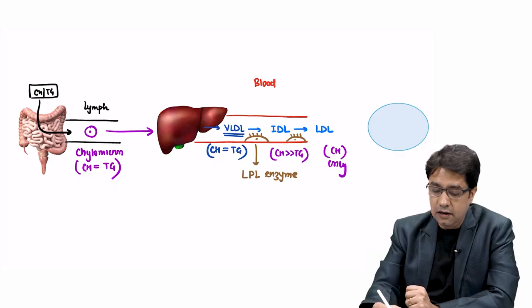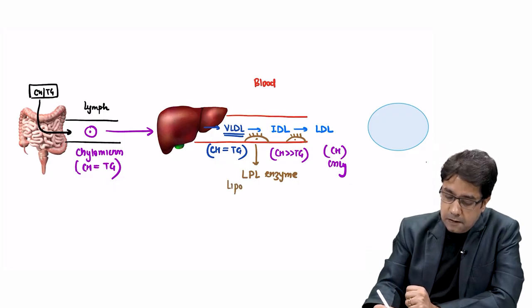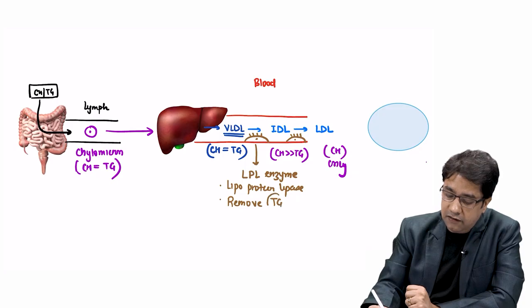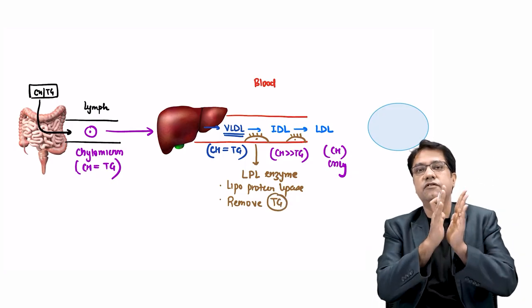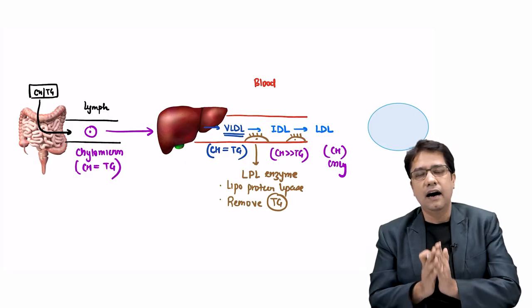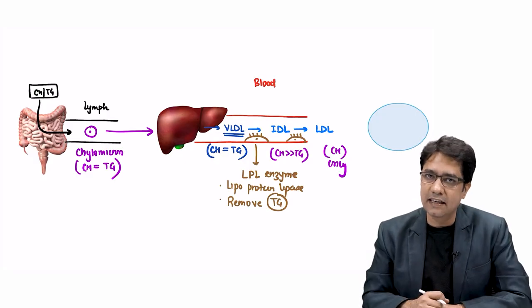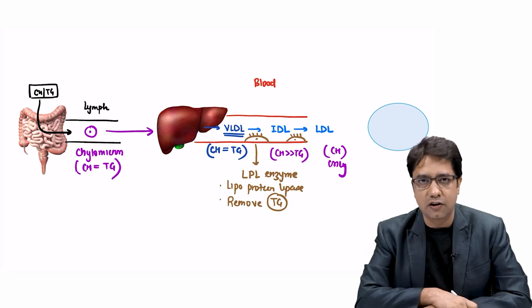LPL stands for lipoprotein lipase enzyme, and its function is to remove triglyceride from the blood, which converts VLDL into IDL, and IDL into LDL, and hence LDL only contains cholesterol.